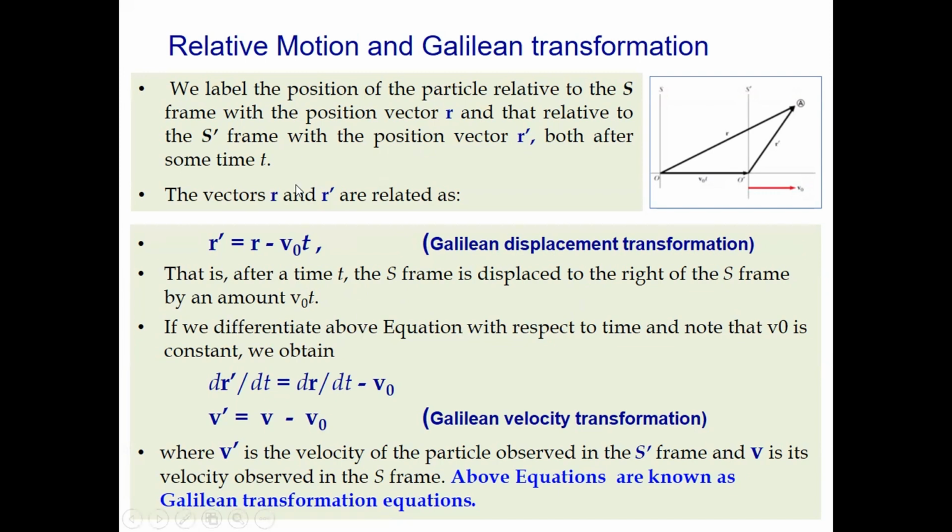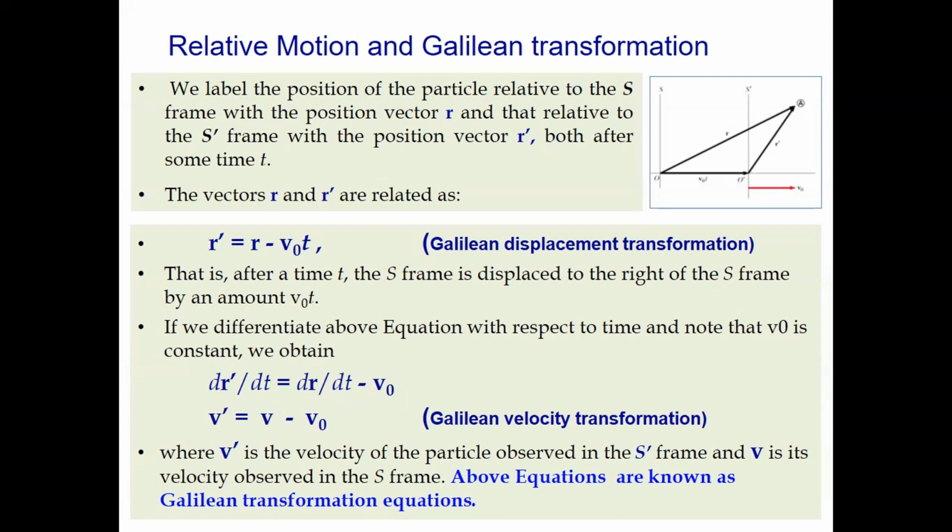If we differentiate the above equation with respect to time, we note that V naught is constant. Therefore, dr dash by dt is equal to dr by dt minus V naught times 1. This is the velocity in the S dash frame, this is the velocity in the S frame, and the minus V naught is telling us that one frame is moving with velocity V naught with respect to the other.